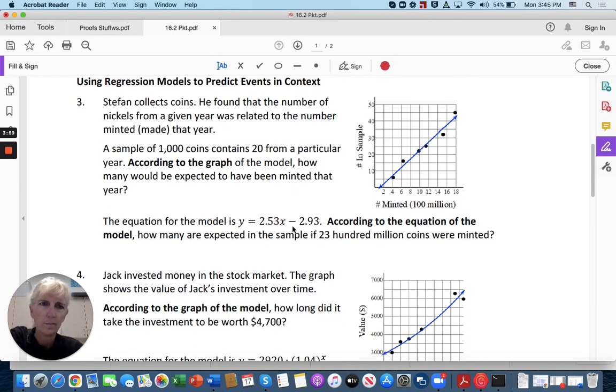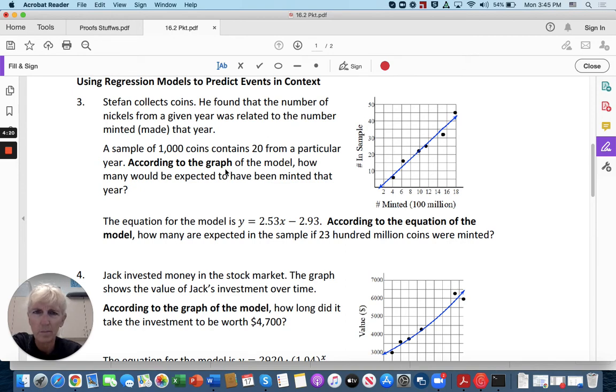Here's the number minted in millions, and here's the number in this sample. Okay, so if 1,000 coins contains 20, so right around here.